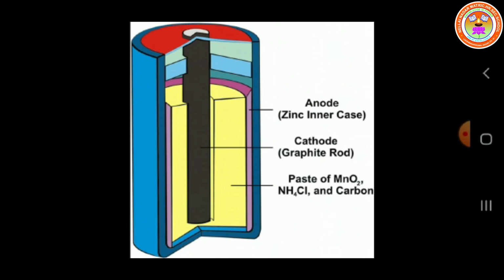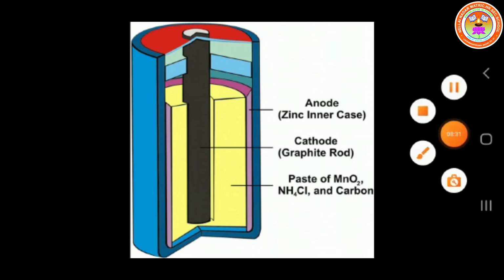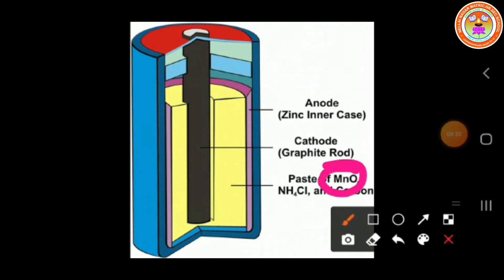Carbon rod acts as an electrode. It is surrounded by a closely packed mixture of charcoal and manganese dioxide, that is MnO2, only manganese dioxide, in a muslin pack. Here MnO2 acts as a depolarizer.